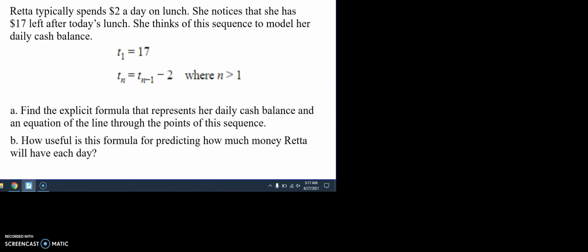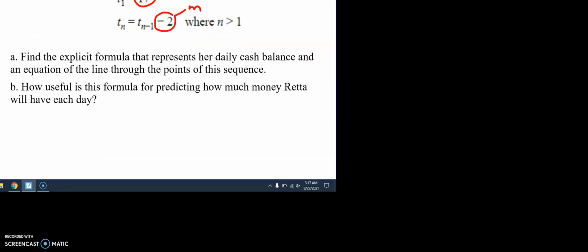So for the problem here, the b value is 17, and the slope is -2. So each day our answer is going down. So for an explicit, it looks like the recursive, and then we start off with u of n. Or in the linear equation, we start off with y.